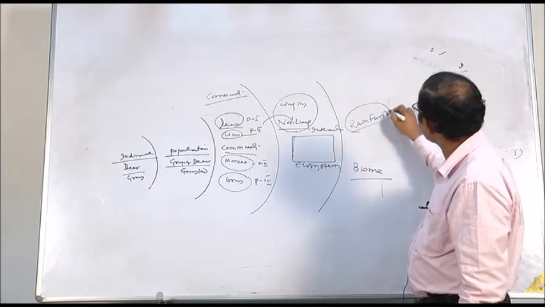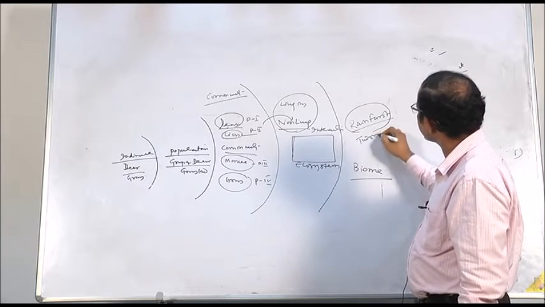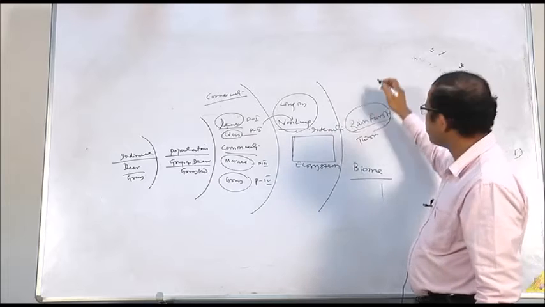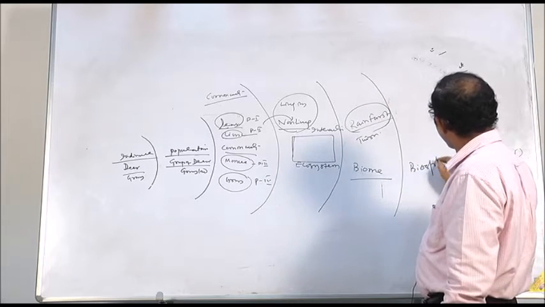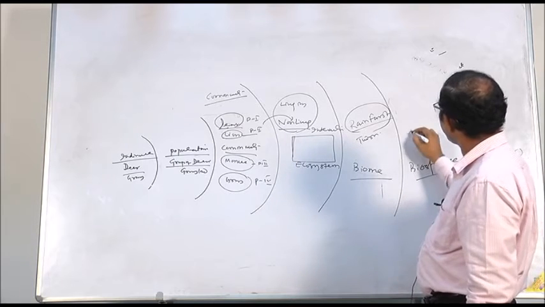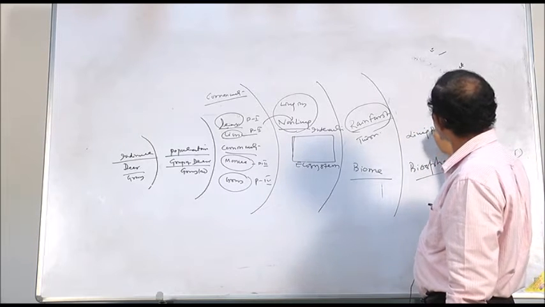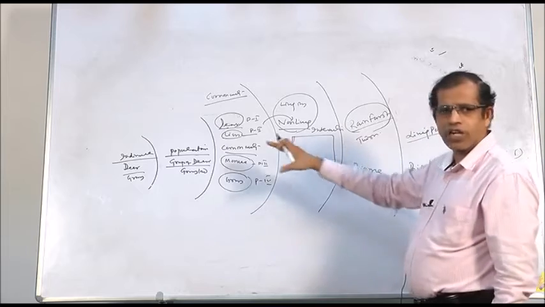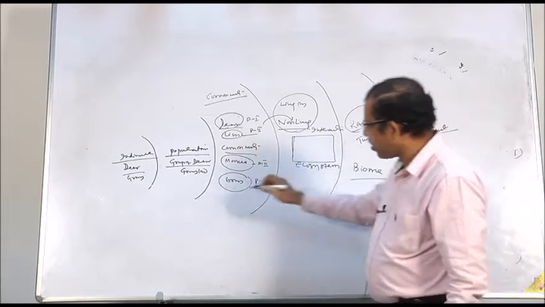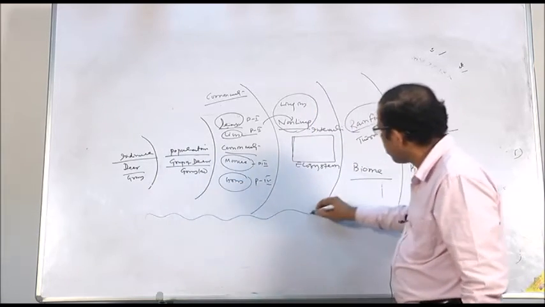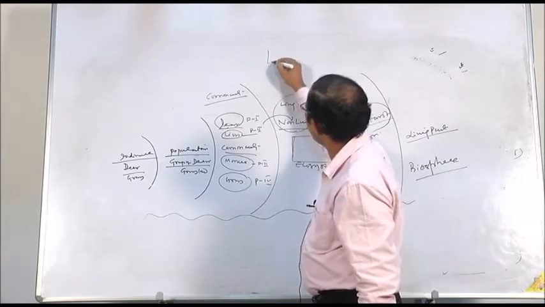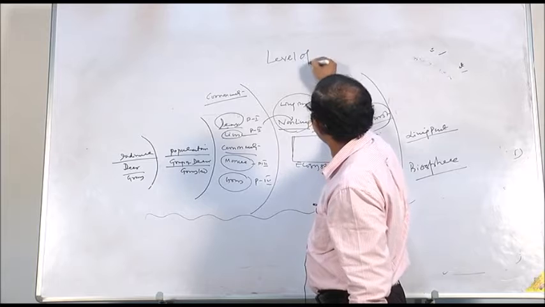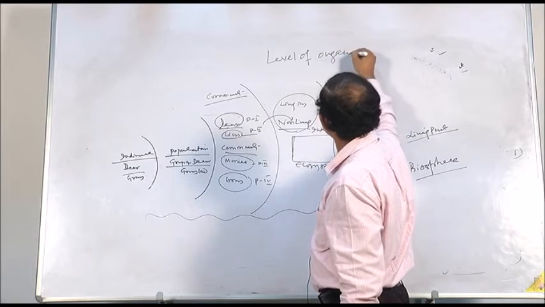The rainforest and the tundra forest are called biomes. Next I move towards the biosphere, where I am talking of the life support part of these organisms. All these are called the levels of organization.